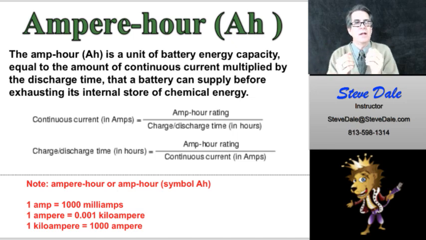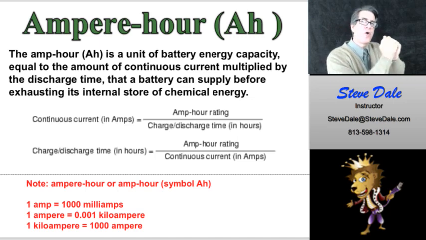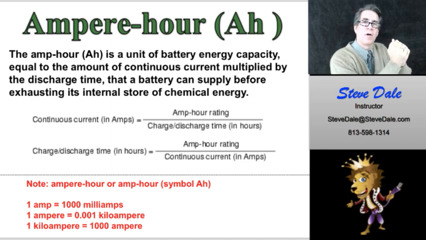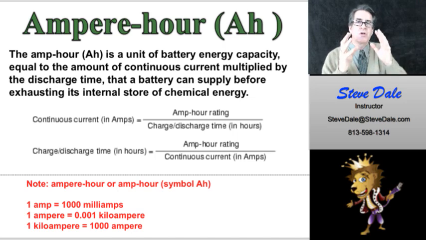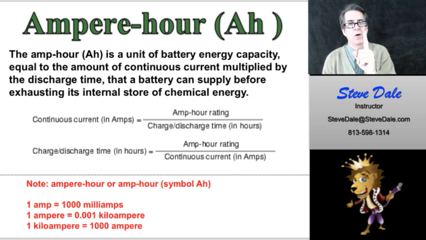So they have to tell you how much current is available in the battery, and they have to base it on something. So they base it on a draw of an hour. Whatever the amp hour is, that's how much current it can supply in 1 hour.